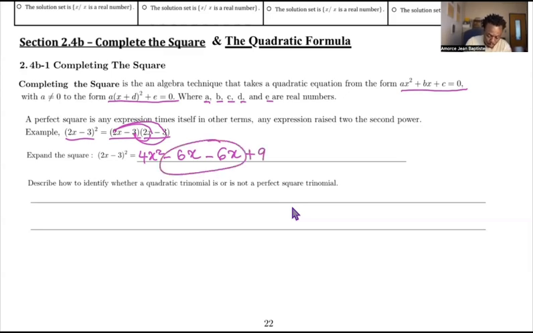Combine these two terms, and you will have a trinomial, but this trinomial will be a perfect square trinomial because you could write it as a binomial raised to the second power. So that's 4x squared minus 12x plus 9.